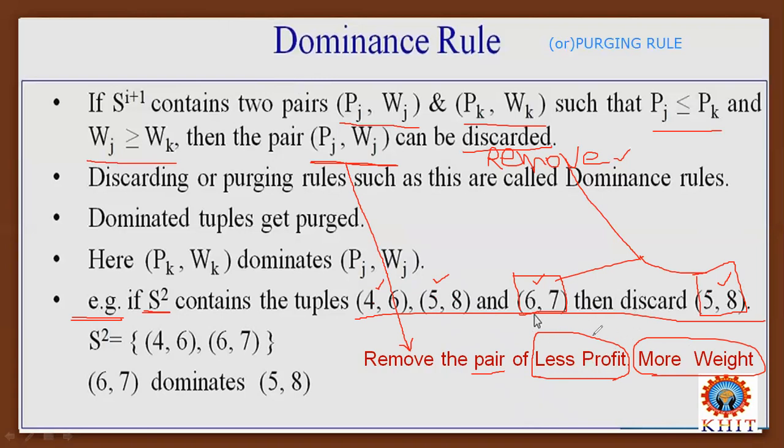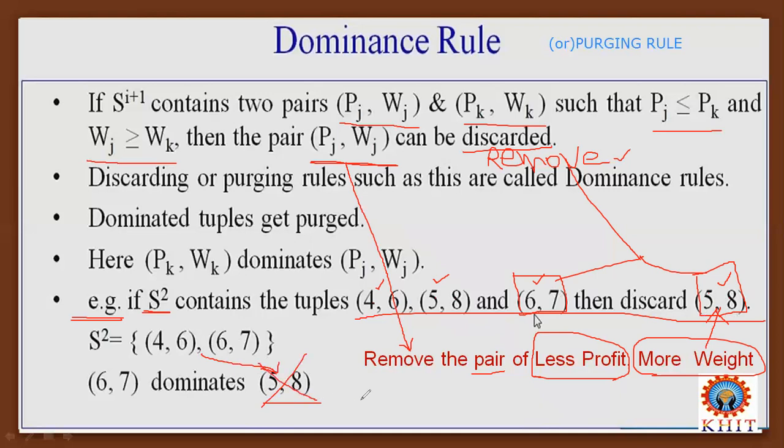The pair having less profit and more weight. Here 5 comma 8 is having less profit and more weight compared to 6 comma 7. That's why you can simply remove 5 comma 8 from the given set of pairs.